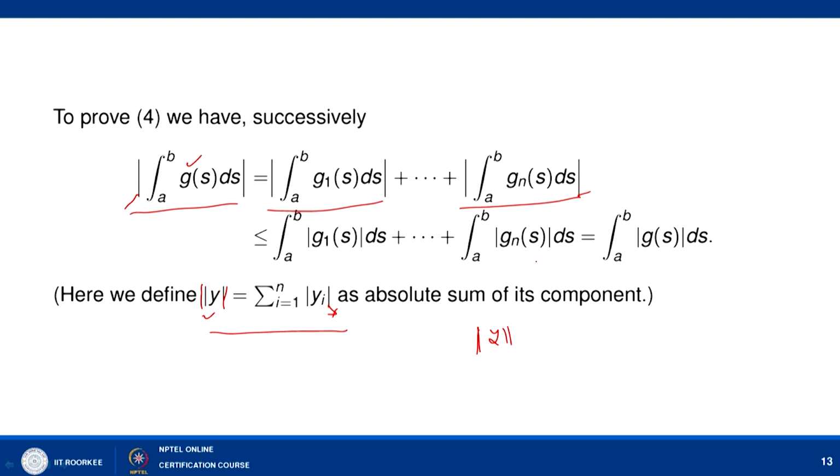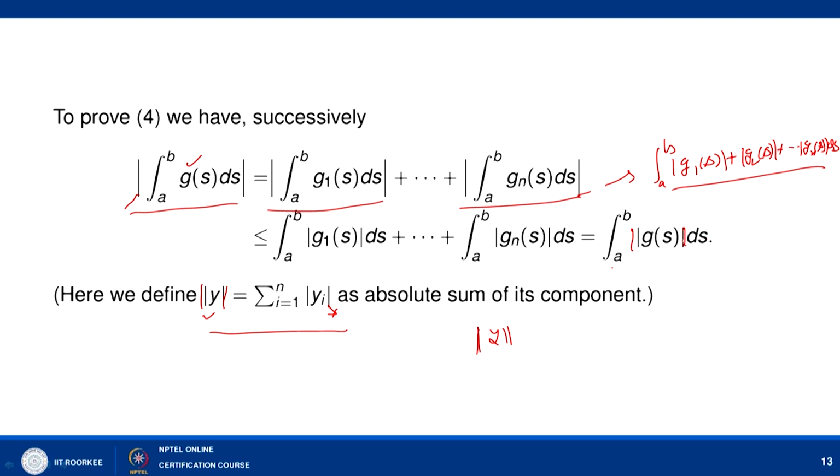Now we can simply write this as the integral from a to b of modulus g1(s) plus modulus g2(s) plus and so on modulus gn(s) ds, and if you look, this is nothing but the norm of g here. So we can write this as the integral from a to b of norm of g(s) ds.